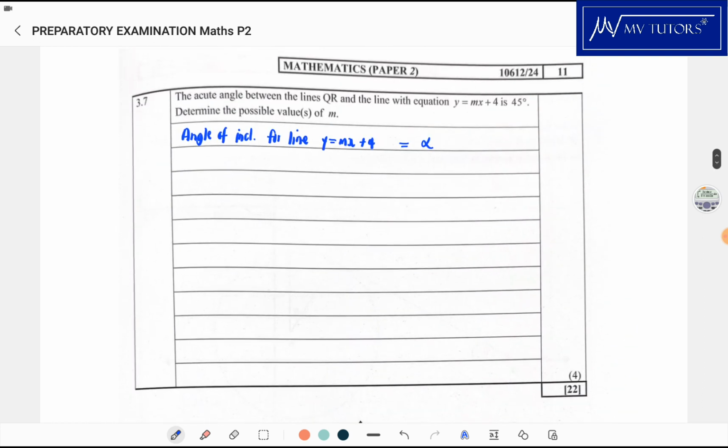Okay, and then we're going to say theta is equal to alpha plus 45. All right, so then ultimately alpha is theta minus 45 degrees.